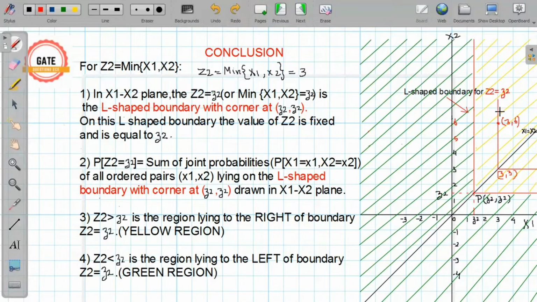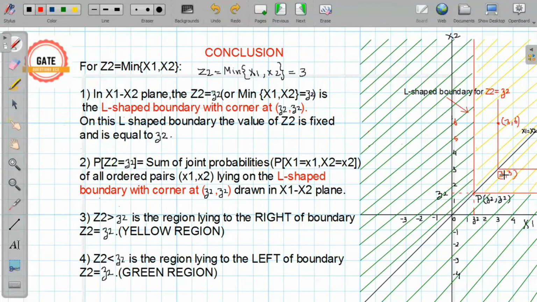Similarly, for any other point lying on this section of the boundary, you can observe that Z2 will come out to be 3. Similarly, at this point 3, 3, you can observe that the Z2 value will be 3. Both x1 and x2 are 3 here, so the minimum of 3, 3 will be 3. So at this point also Z2 is 3.